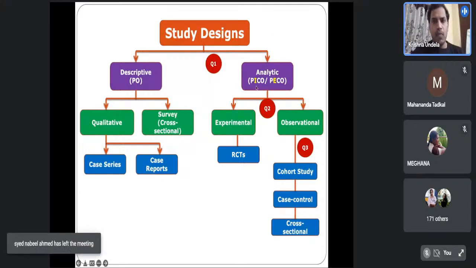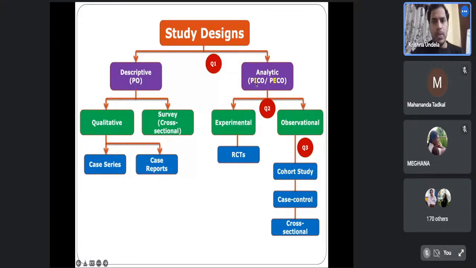So here we are going to have 4 characteristics. In descriptive we have only 2, population and outcome. But here we are going to have 4. Along with population and outcome, we have 2 more factors: intervention and comparison. As I mentioned, without intervention, without comparison, it should not be an analytical study. Comparison should be there. So compared to this one, we are saying the intervention is better, right?